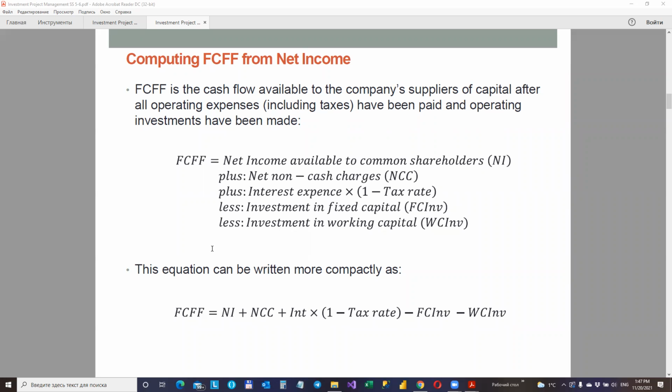The next component is the investment in fixed capital, which represents the outflows of cash to purchase the fixed capital necessary to support the company's current and future operations. These investments are capital expenditures for long-term assets such as property, plant, and equipment, commonly referred to as PP&E or simply PPE, necessary to support the company's operations.